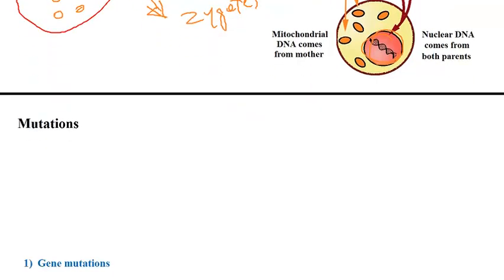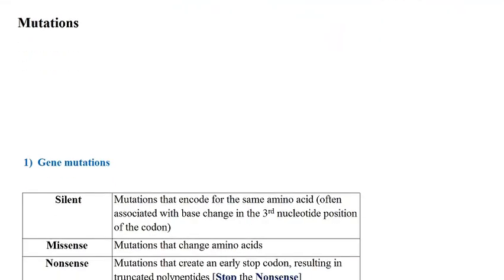Next, I'd like to go over mutations and how they lead to different genetic variability. So basically, over time, our genome can undergo mutation that changes the sequence of DNA. And this change can potentially alter the structure of proteins that the DNA is coding for. Most of these mutations are deleterious, meaning that they're not good, but sometimes some of these mutations are good.